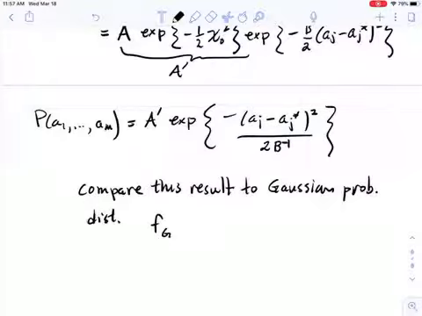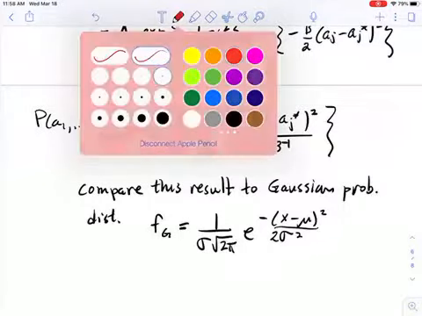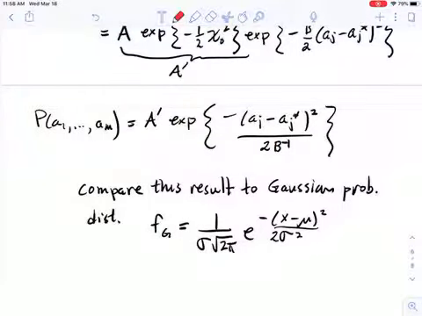So the Gaussian function was 1 over sigma root 2 pi, and then it was e to the minus x minus mu squared over 2 sigma squared. So we kind of have something like that. We have some variable, so the aj is like our x, aj star is like our mu, and so that means that over here our b inverse is like our sigma squared.